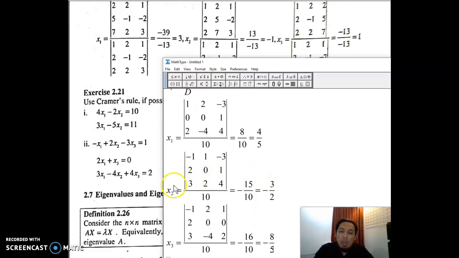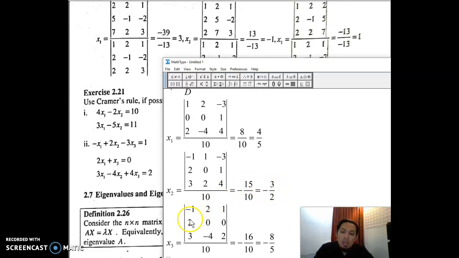And for x2, I did the same thing. I just changed the middle column of the original matrix because this is x2. So instead of the x column, now B, 1, 0, 2, goes here, and the rest goes back to the original matrix, -1, 2, 3. I calculate the modified determinant and get -15 over the determinant of 10, which simplifies to -3 over 2.